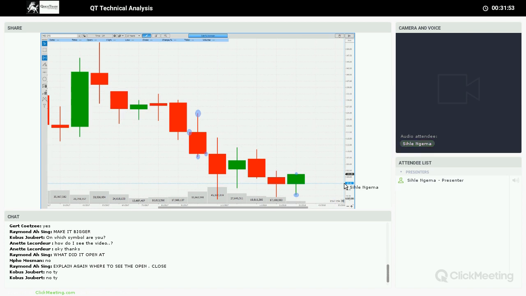So in technical analysis, we use the previous data on the chart to identify our areas of support and resistances if you want to trade long term.